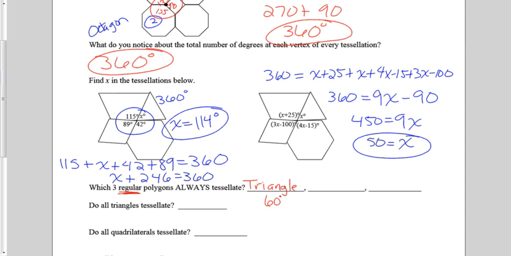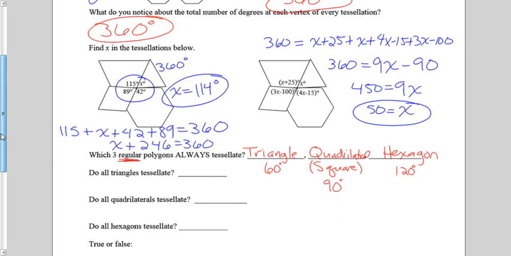The next one that we found was the quadrilateral, and when it's regular, that's really a square, and each angle is 90 degrees, and that divides evenly into 360. The last one is the hexagon, and the interior angle is 120 degrees, and again, that divides evenly into 360. So those are the three regular polygons that will always tessellate the plane.